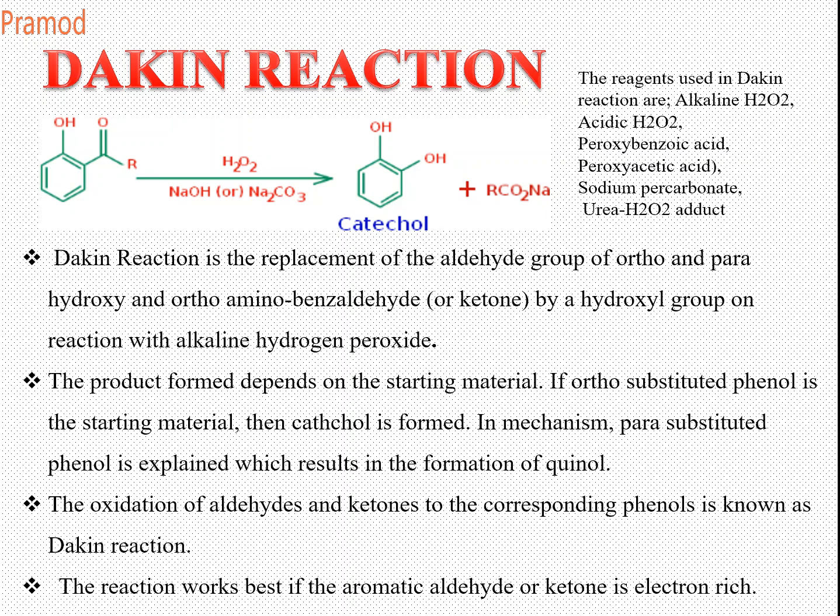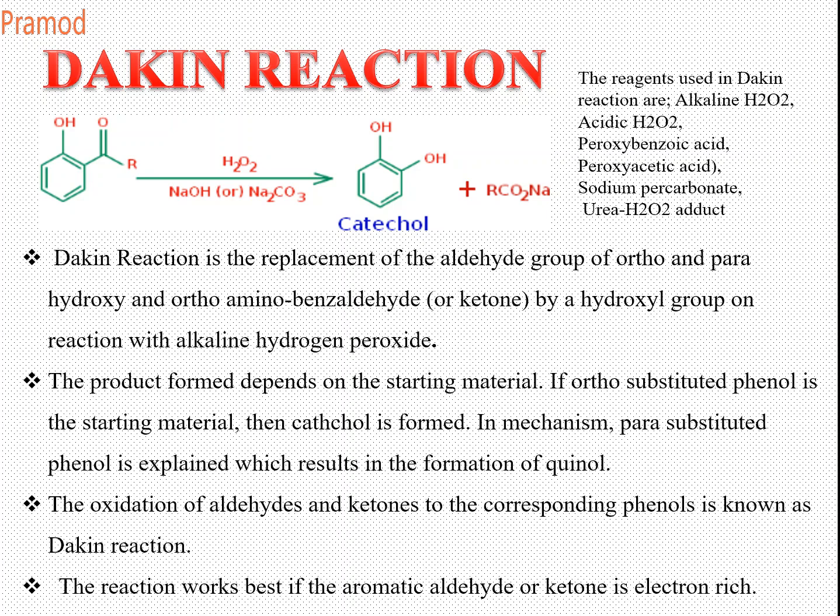The product depends upon the starting material. If the ortho substituted phenol is the starting material, then catechol is formed. If a para substituted phenol is the starting material, then you get a quinol, that is, OH at the first and fourth positions. Depending upon the starting material, you get the product.